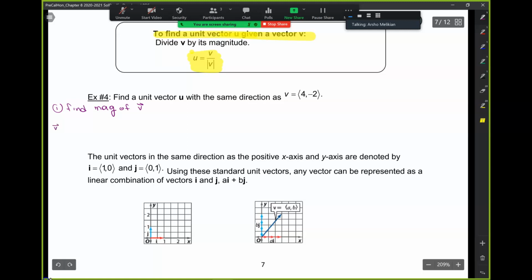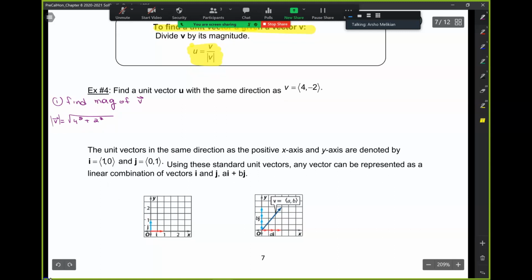The magnitude of v is the square root of 4 squared plus 2 squared. Since it's squared, I can get rid of the negative. Did we put the v in that one? Yes. So the magnitude of v is the square root of 16 plus 4, root 20, which is 2 root 5.